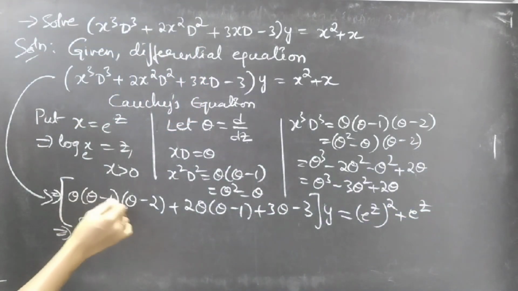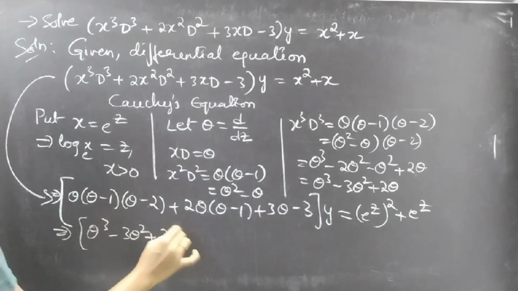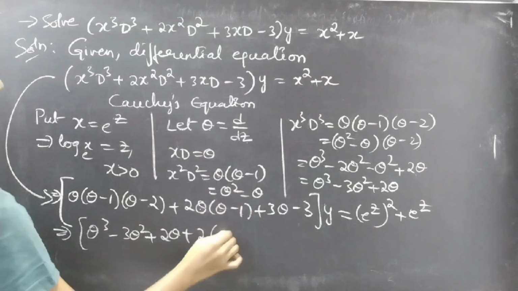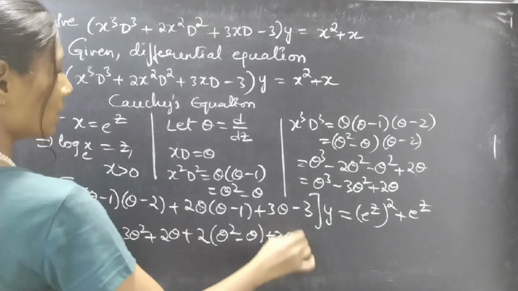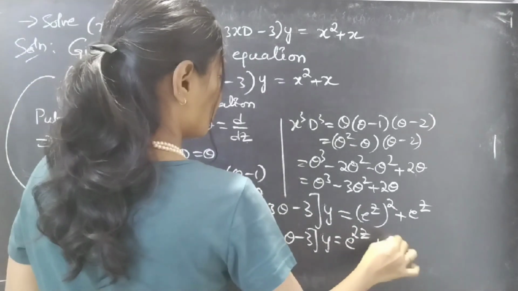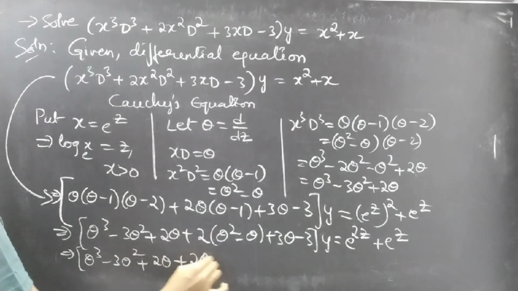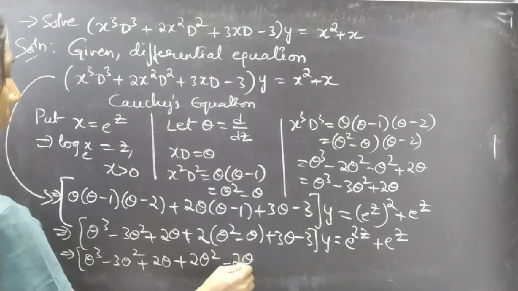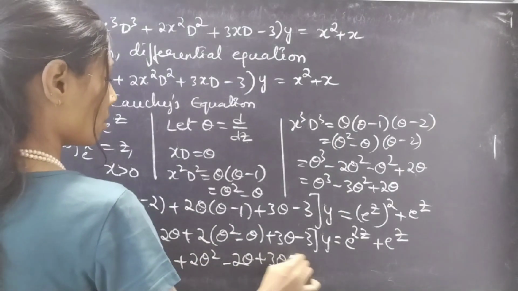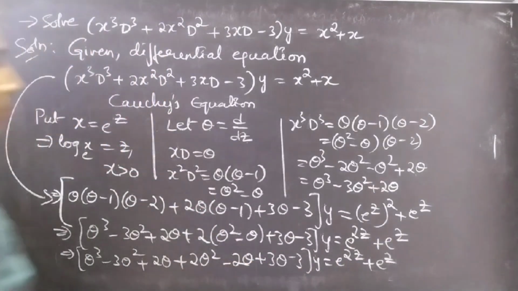Then theta of theta minus 1 into theta minus 2 is theta cube minus 3 theta square plus 2 theta, plus 2 into theta square minus theta, plus 3 theta minus 3, into y equals e power 2z plus e power z, right?